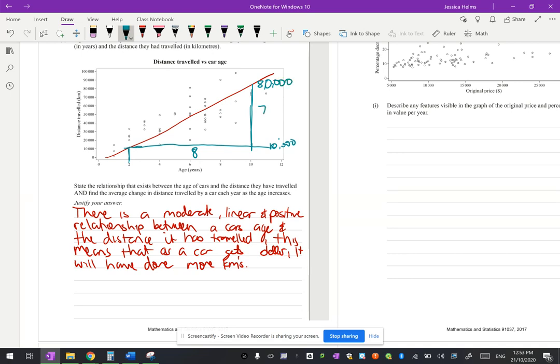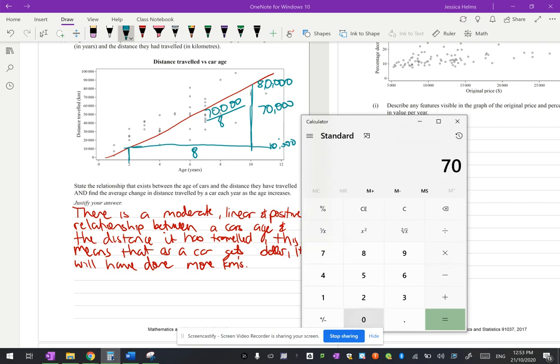So that is a change of 70,000 kilometers. The gradient is rise over run, so 70,000 divided by 8, and that's around about 8,750 kilometers being added on each year.